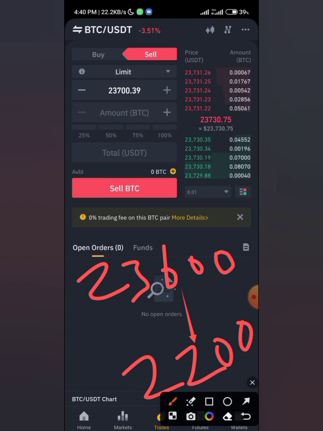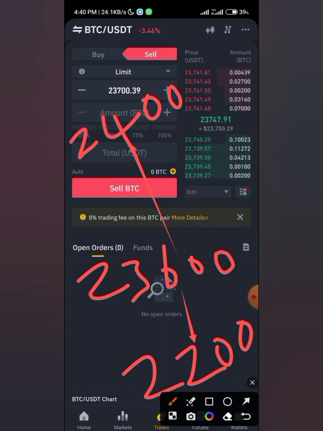Now you have not made any profit, but this does not mean that you have actually lost money. No, it is only the value that depreciated. You have not lost any money. So it can be like that until this price moves upward again to, let's say, 24,000, and now you can sell and regain your money.